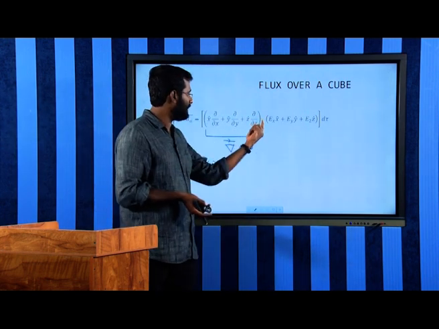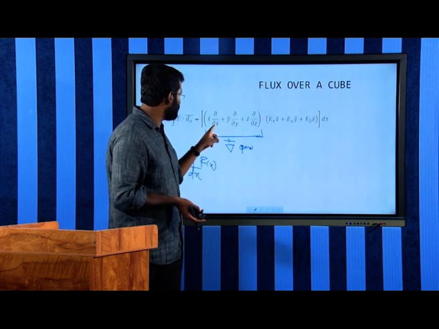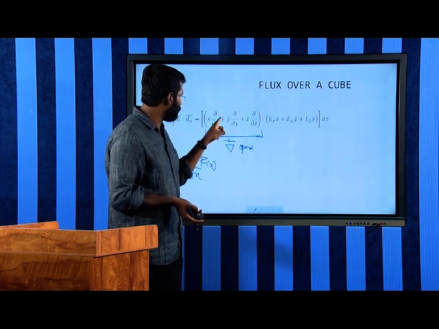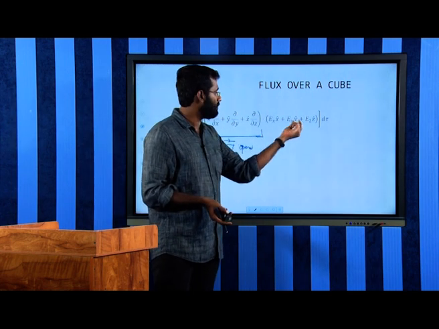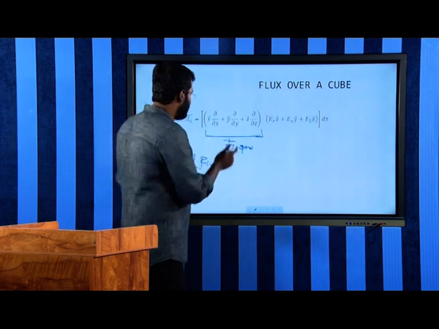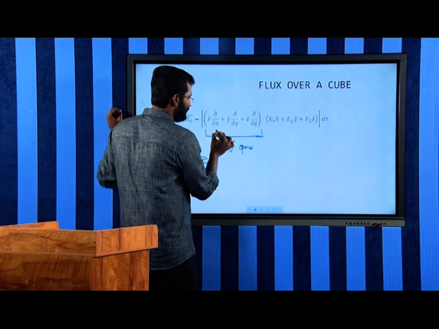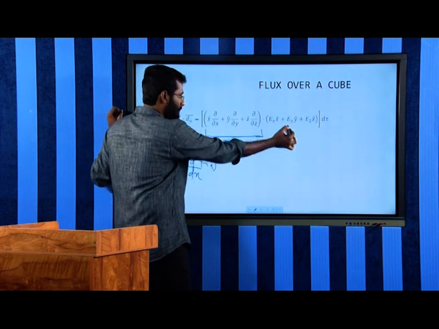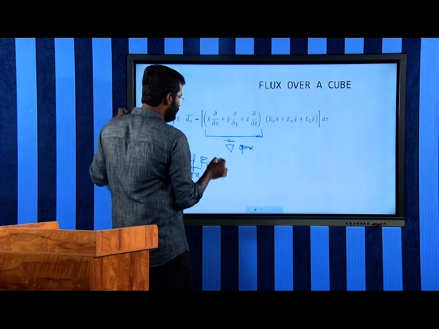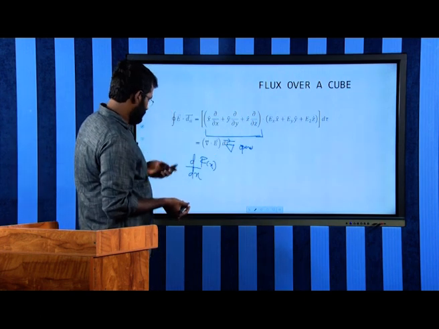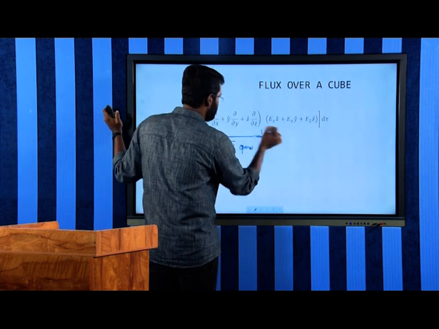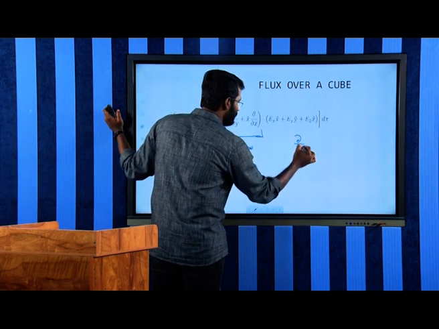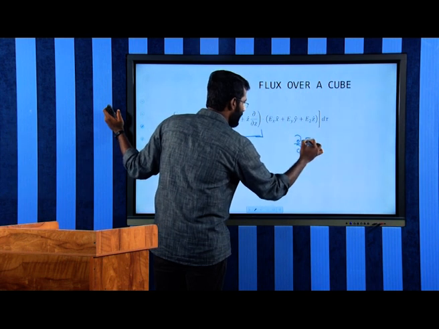So, we are taking a dot product. Here also you can see that it has 3 components: an x component, y component, z component. Our E also has x component, y component, z component, and we are taking the dot product of this del and this E. When we take the dot product, we know that x cap into x cap is 1, so ∂/∂x of Ex.